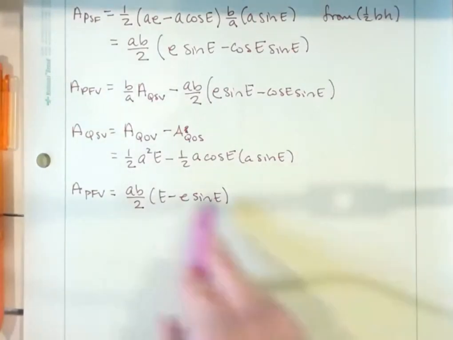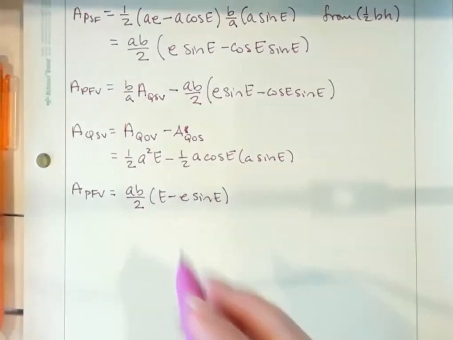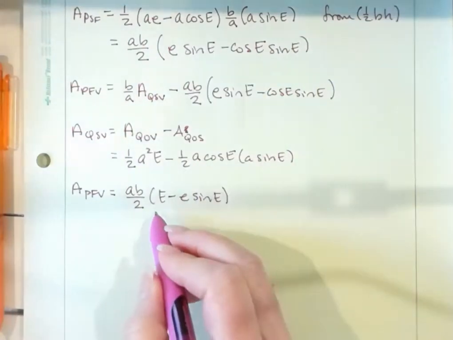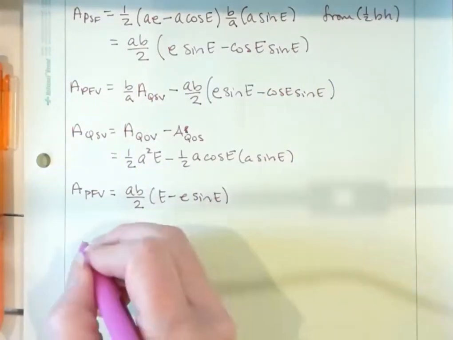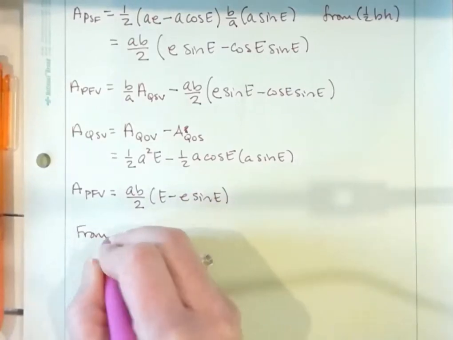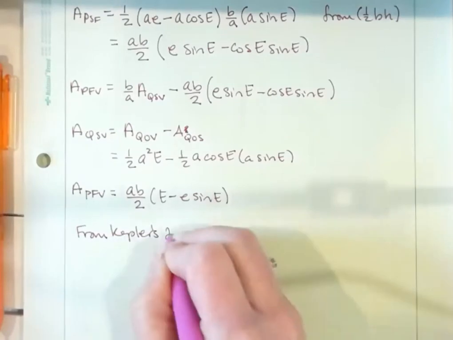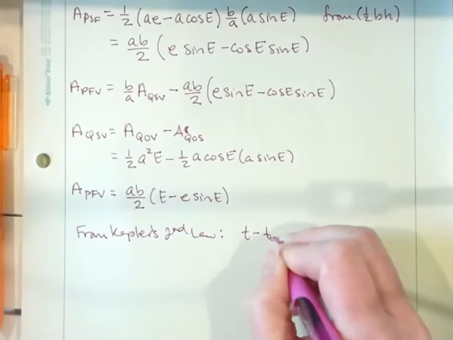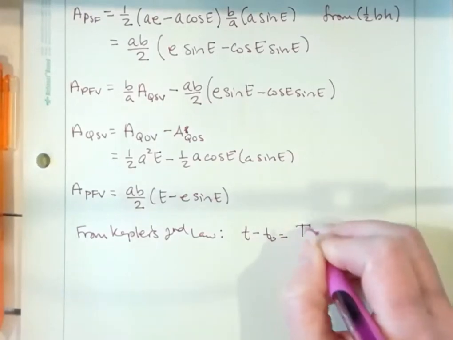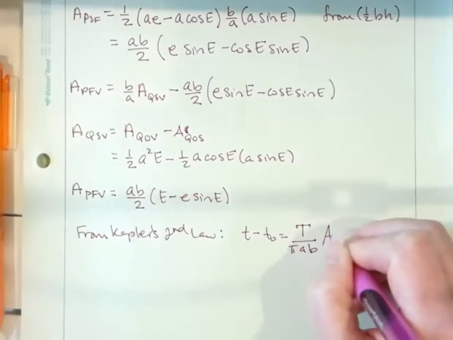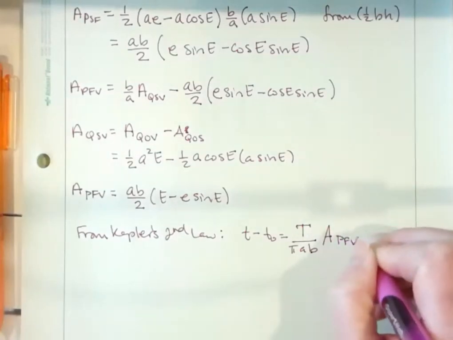All right, so now we've got all these equations, let's look at Kepler's second law. You're going to see this part of this equation again in just a second. From Kepler's second law, we can write that T minus T0 is equal to capital T, that's the period, over pi times AB times the area PFV.